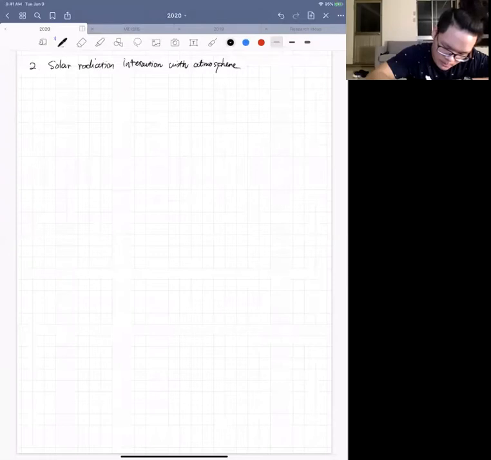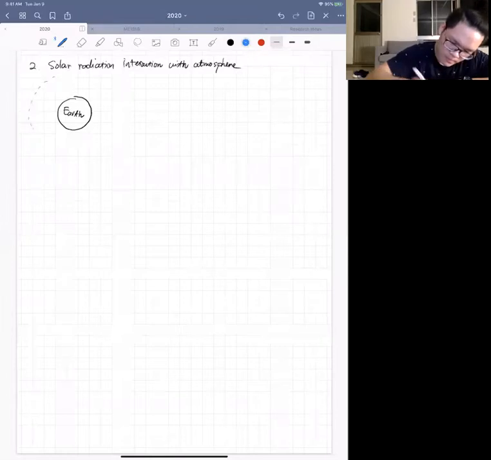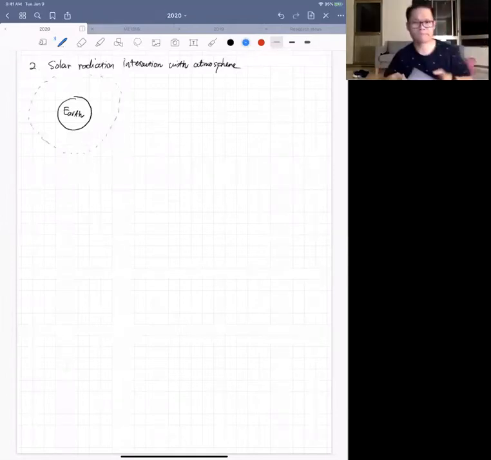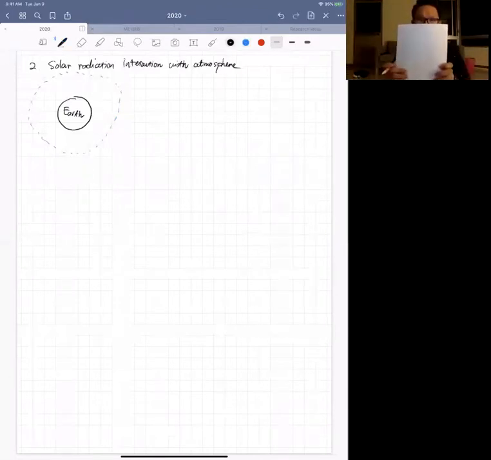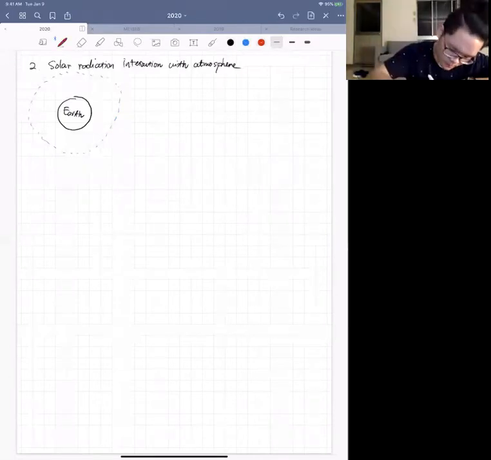So this is Earth. Now we can draw this slightly larger. Then we have the atmosphere. The Earth is surrounded by atmosphere, a thick layer of air. Then the solar radiation comes in.